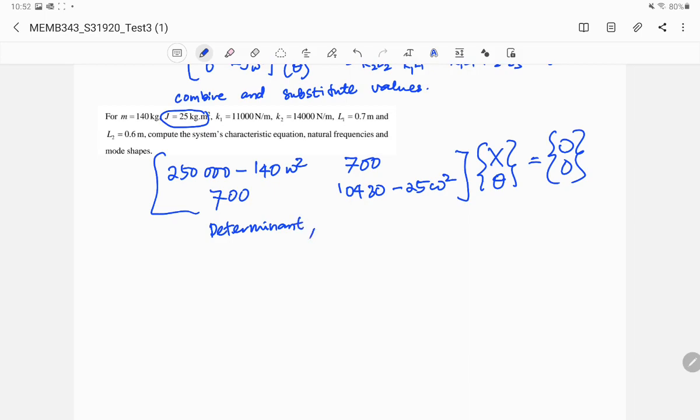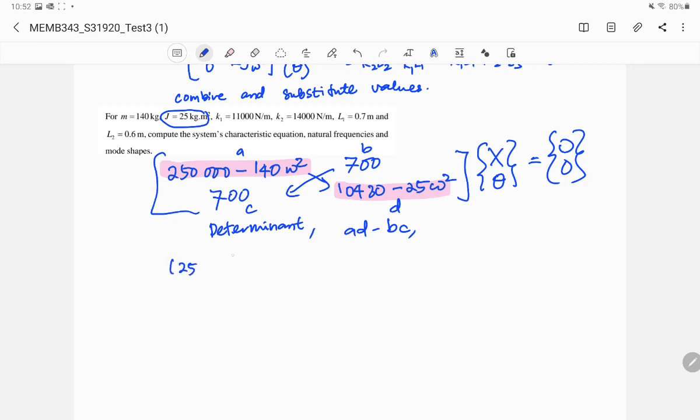Determinant means you basically cross multiply. If I call this A, B, C, D, the determinant is AD minus BC. So you multiply here, and then you minus with this.